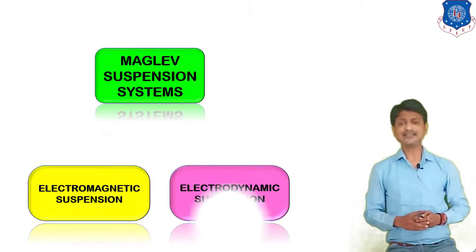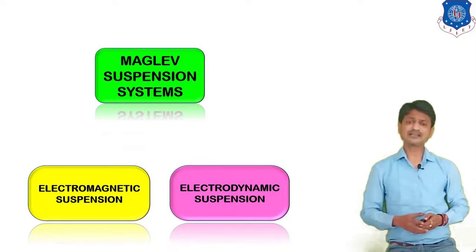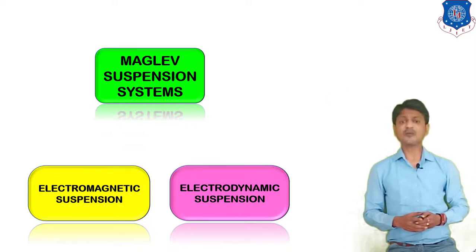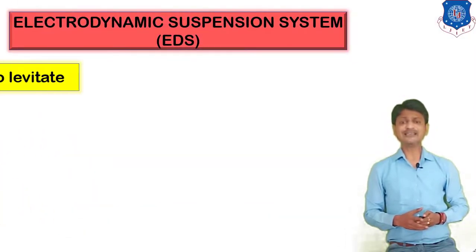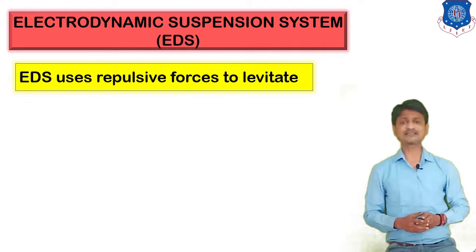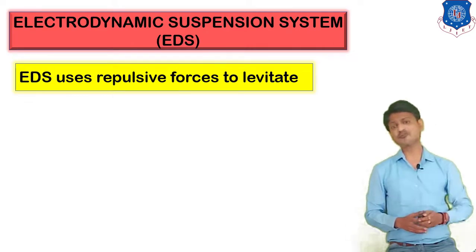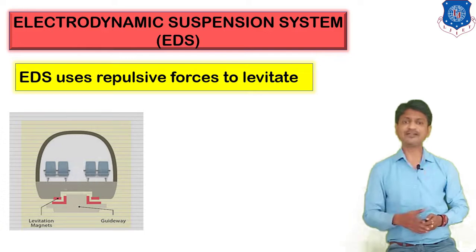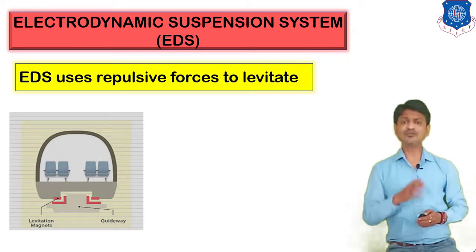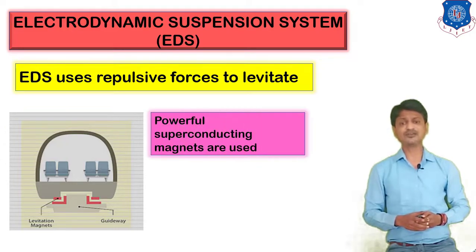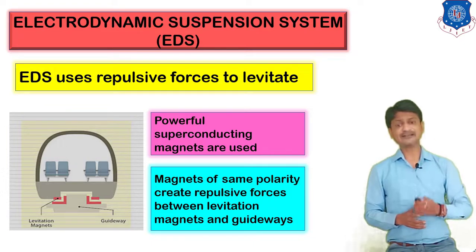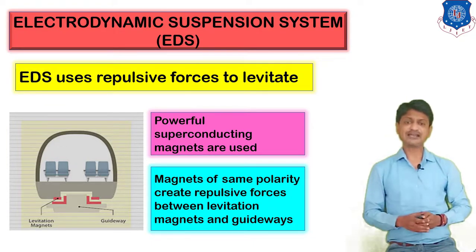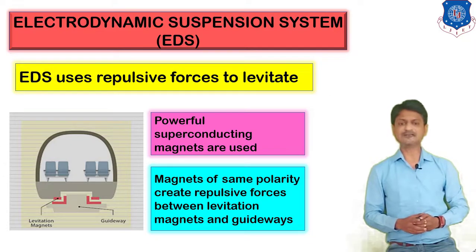Now the second is electrodynamic suspension. Compared to electromagnetic suspension, here in case of electrodynamic suspension system, repulsive forces are used to levitate the train. You can see in the figure, here powerful superconducting magnets are used, but magnets of same polarity create repulsive forces between levitation magnets and guide wheels.